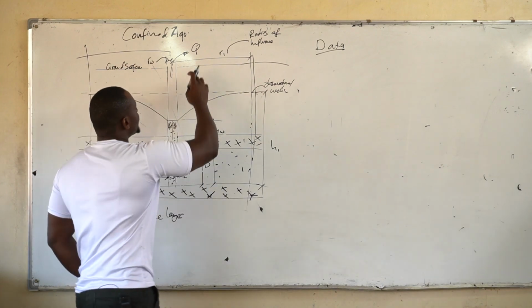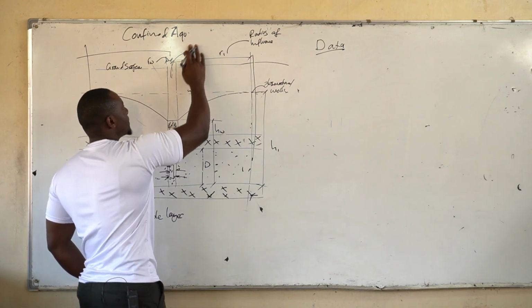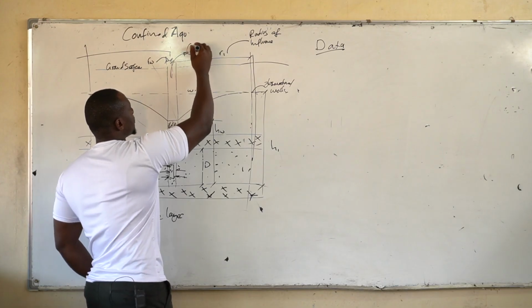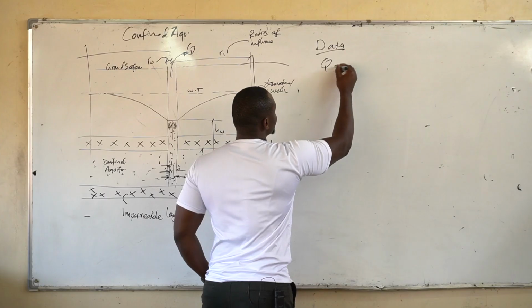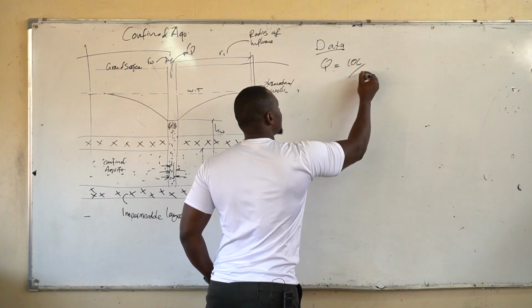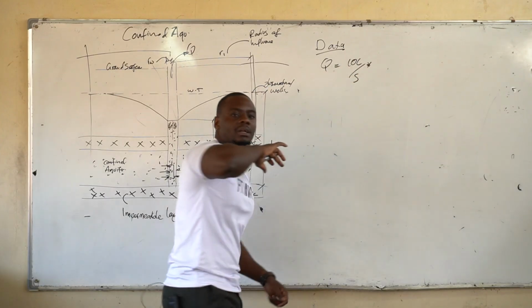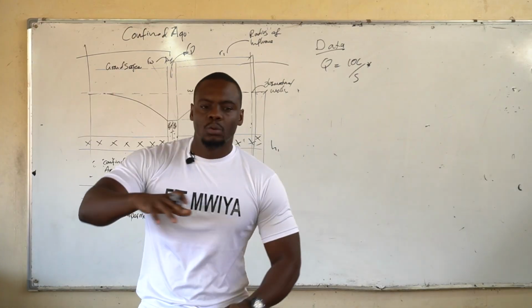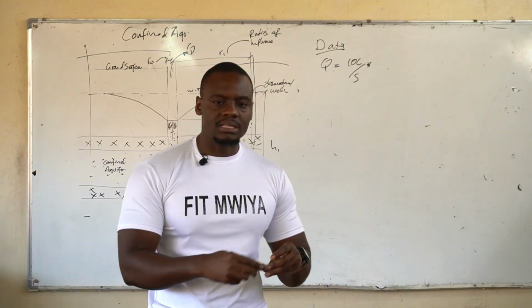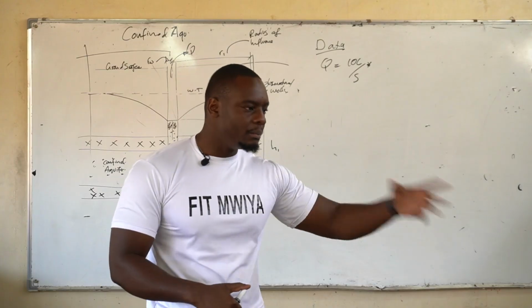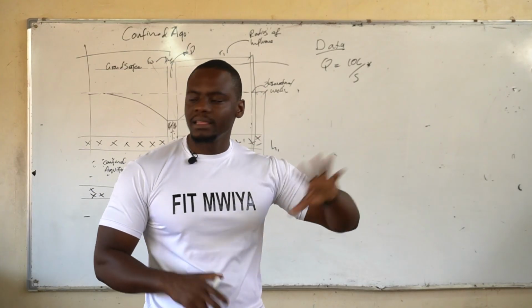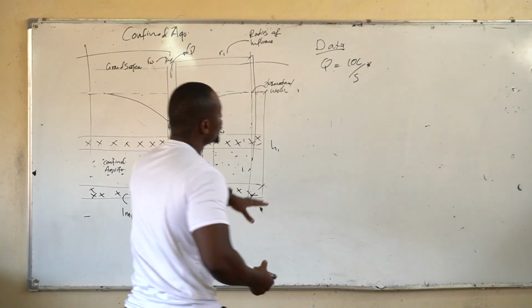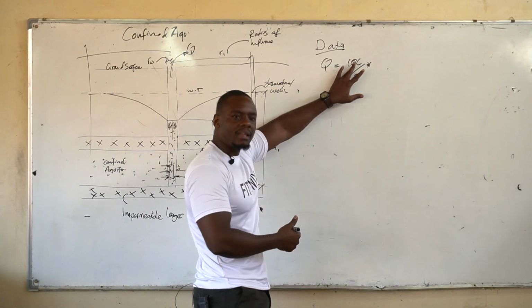So one, the discharge was given as what? We can say discharge is equal to 10 liters per second. We are working with SI units. Distance should always be a meter. Time should always be a second. So meaning your volume can't be in liters.